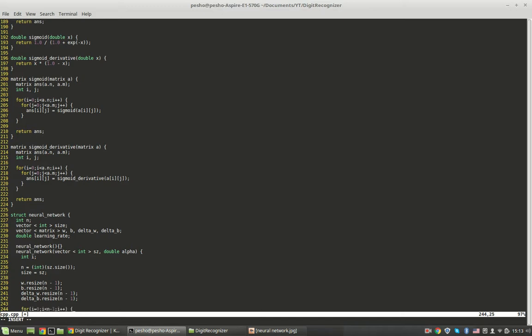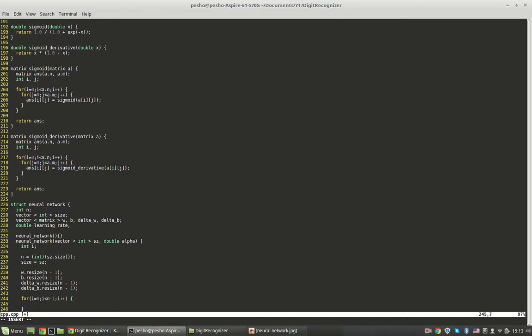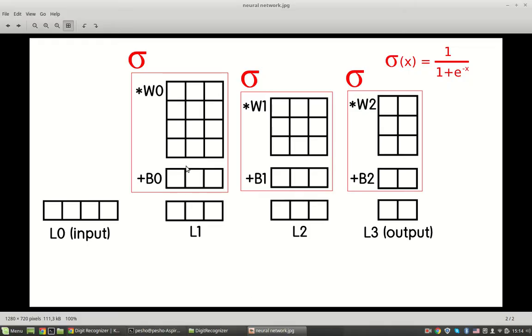Now we can go through all the weights and say weight I will be a matrix of size I rows and size I plus 1 columns, since it's between layer number I and layer number I plus 1. B will always have 1 row and size I plus 1 columns, since B0, as you can see, is actually the bias matrix for L1.